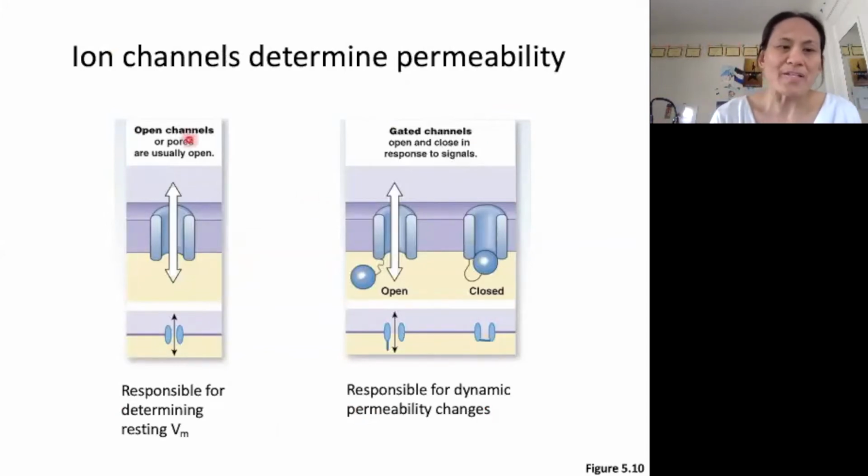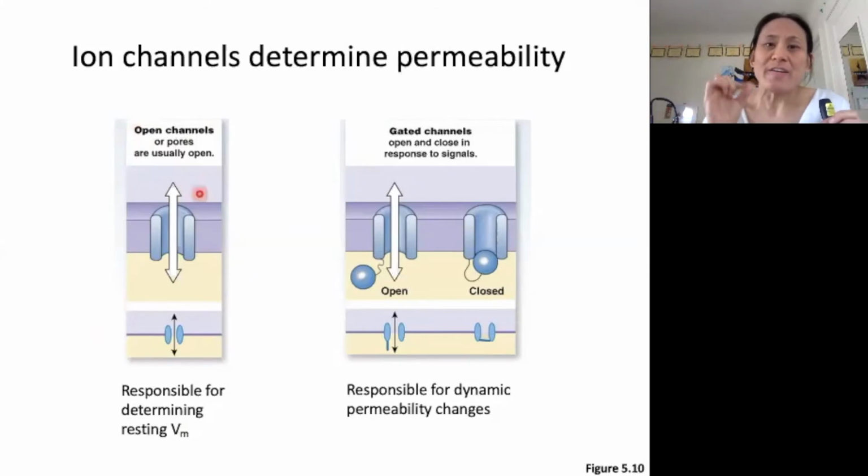I want to remind you that resting membrane potential is determined by these open channels, these leak channels that are open all the time. So we have our ions moving across the membrane, reaching some kind of equilibrium, or disequilibrium in some cases.